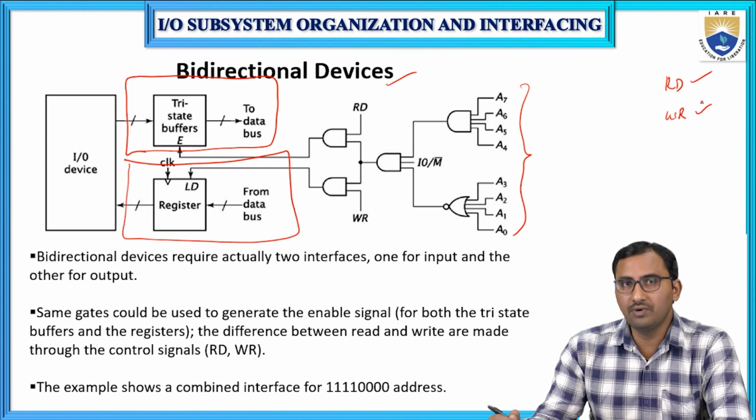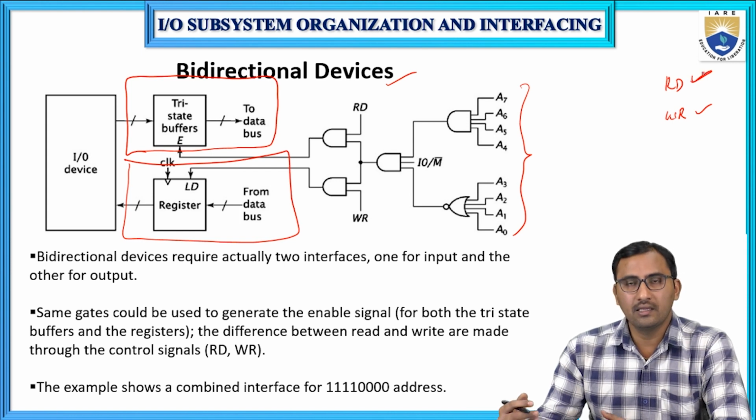That's why we mentioned only read or write. But here in the input-output peripherals, we are using both read and write, because we are combining bidirectional input-output. That means the same device can be used as input and output. When we treat the device as an input, we perform the read operation.